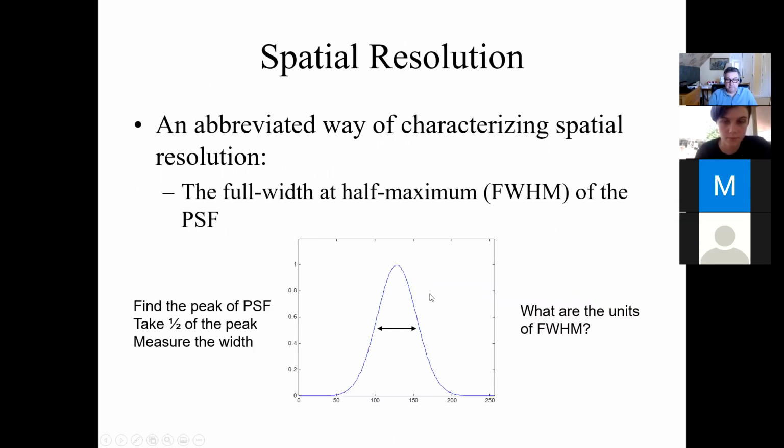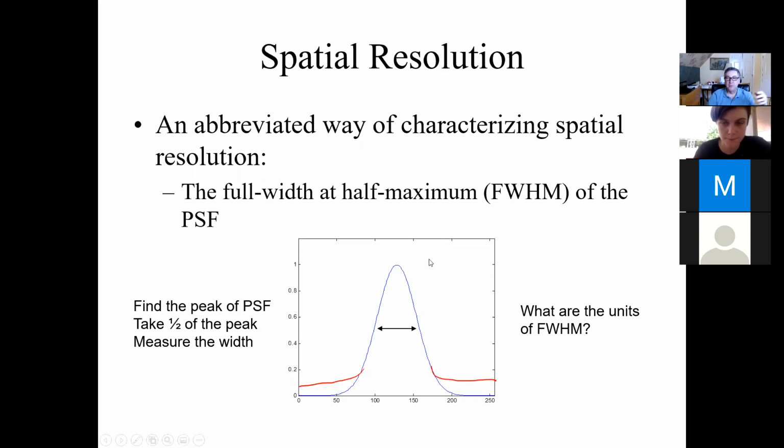Also, especially in X-ray systems, things like scatter give you these tails that stretch out but are very low valued, and it doesn't express anything about that, but those can have a big effect on how your image looks. Because they're below the halfway point, you wouldn't express them in full width half maximum.